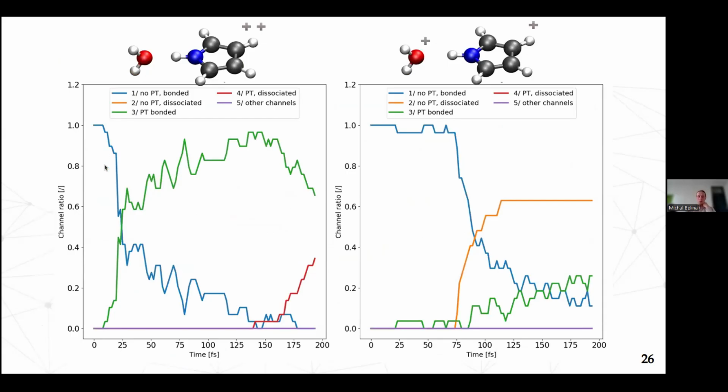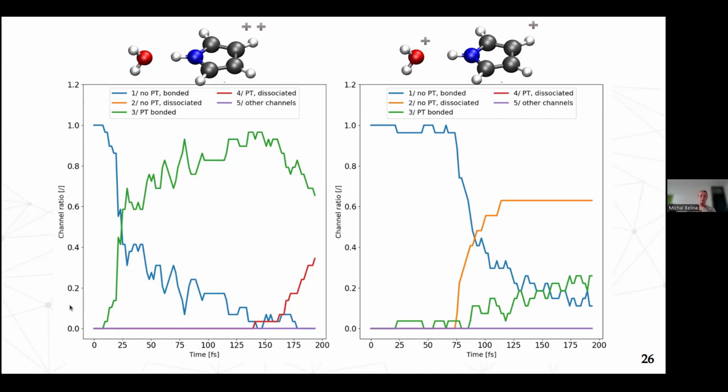And we simulated this in a similar way. What you can see here is the channel in which the charge was initially localized on the pyro, and you can see that the proton transfer is happening really fast.